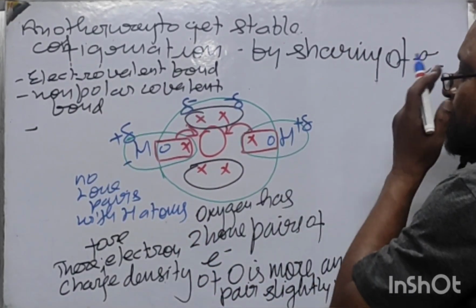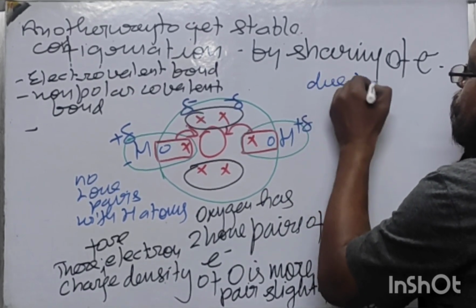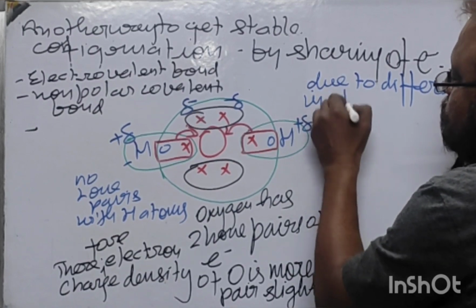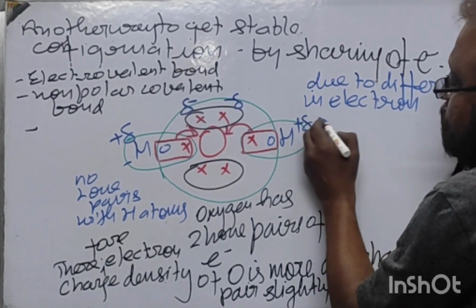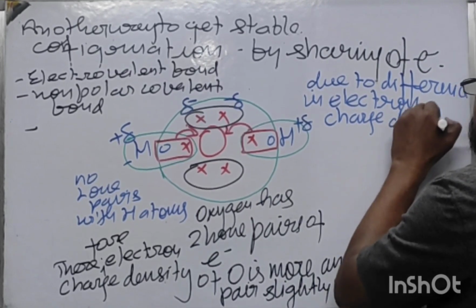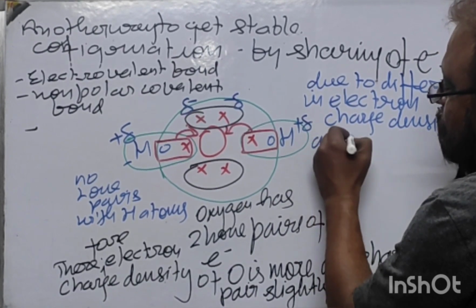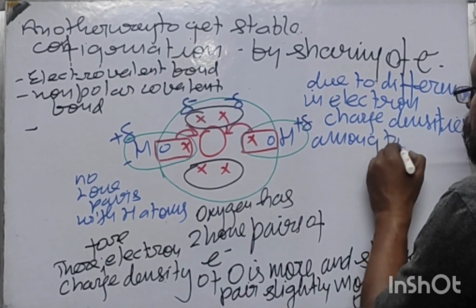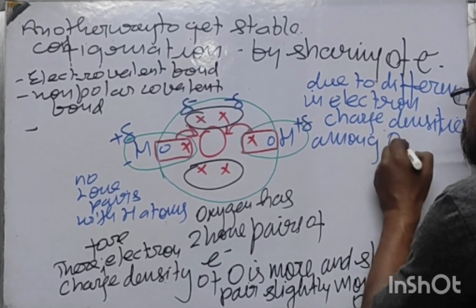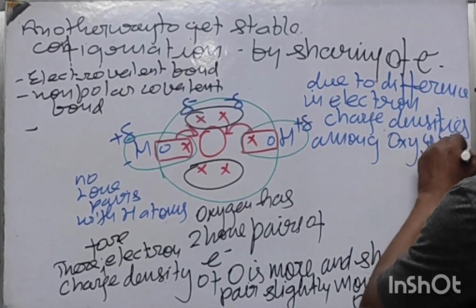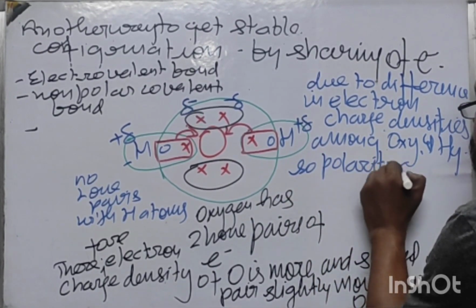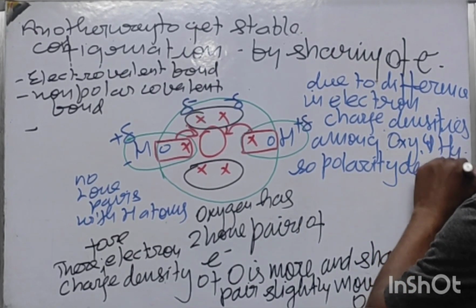So therefore, due to the difference in electron charge densities among the two atoms, oxygen and hydrogen, polarity develops, right?